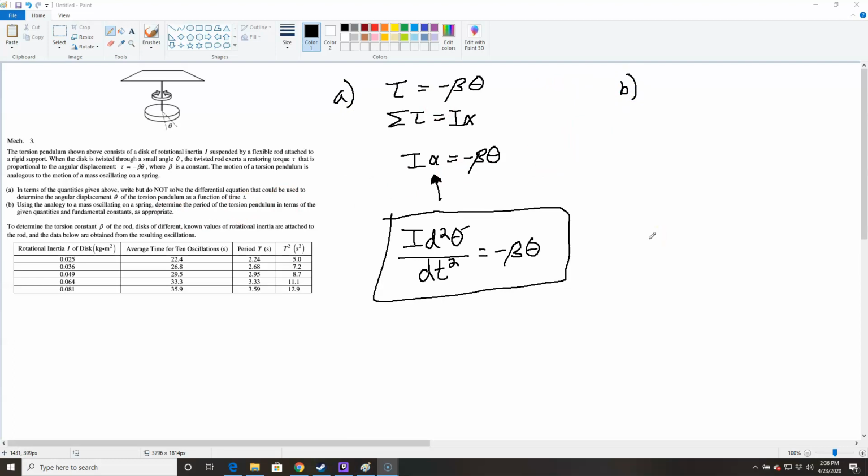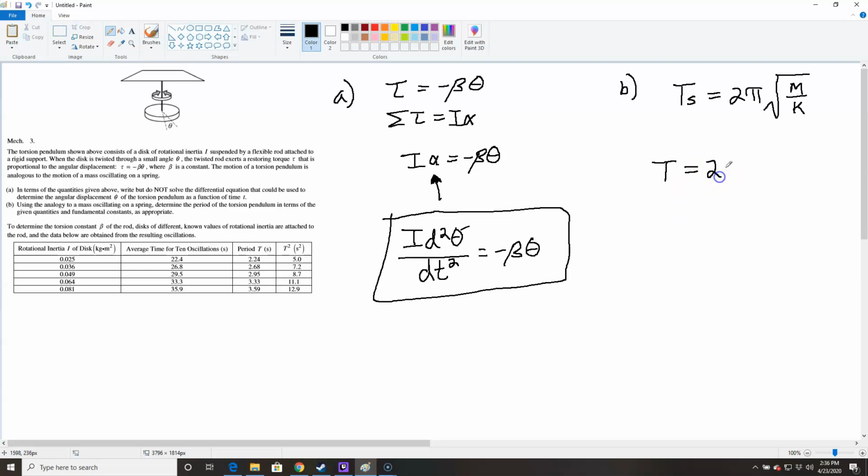Moving on to B, we're going to use the analogy of the mass oscillating on a spring to remind you the period of that oscillation will be 2 pi times the root of m over k. Well, this looks a lot more complex than it is. It wants you to determine the period of the torsion pendulum in terms of the given quantities, fundamental constants as appropriate.